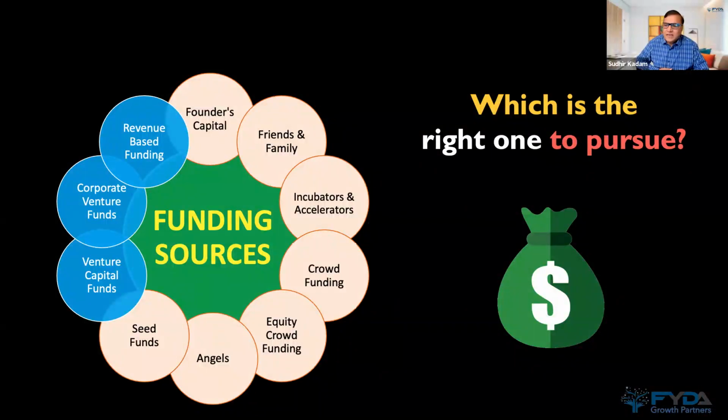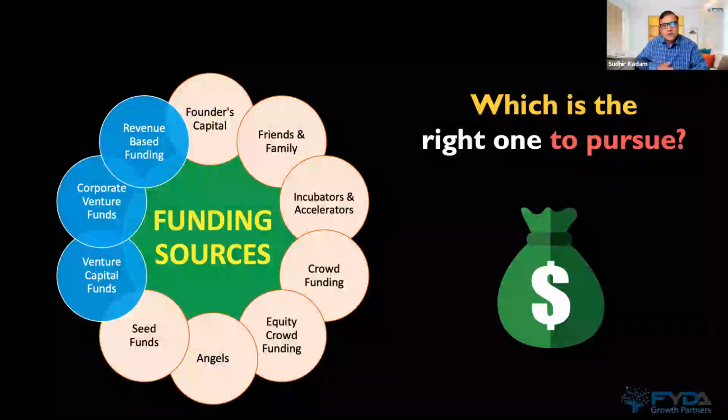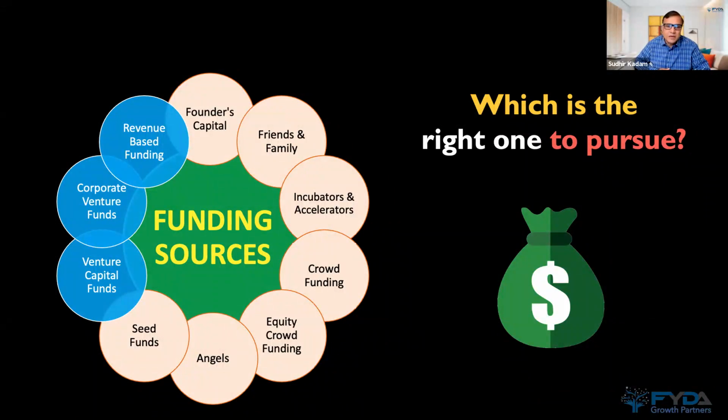Then incubators and accelerators. I have seen a lot of startups survive just purely on money from accelerators. Okay. So they win this contest because they have some fancy idea, and they get 50,000, 100,000, going through the programs, and they keep surviving and developing their startup, take it to an MVP that can be launched also.